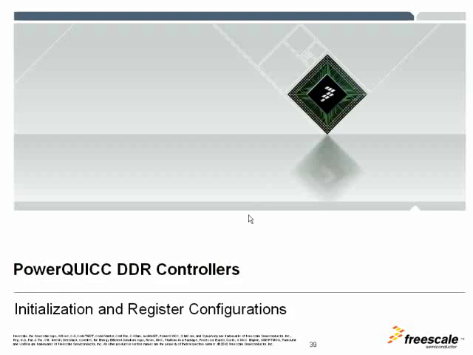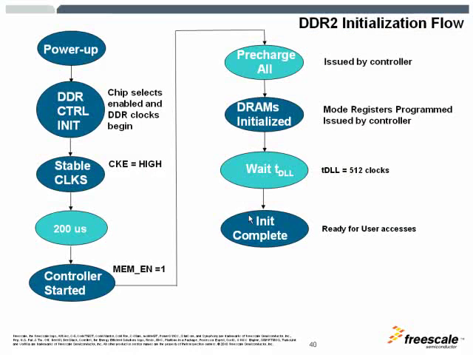So in this section, we're going to talk about the initialization and register configuration. The initialization flow for DDR2, as you can see here, is to power up and wait for the DDR controller initialization. Once the stable clocks are available, wait 200 microseconds, and then set the mem enable to enable the memory controller.